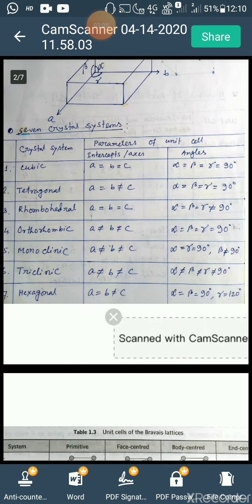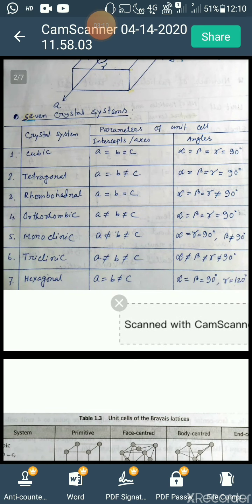Now number 6, triclinic. The values of a, b, and c are not equal. That is, the edge lengths along the three axes are different, and the angles alpha, beta, and gamma are not equal to 90 degrees. That is, the values of the interfacial angles are also not equal. Now, number 7, hexagonal.